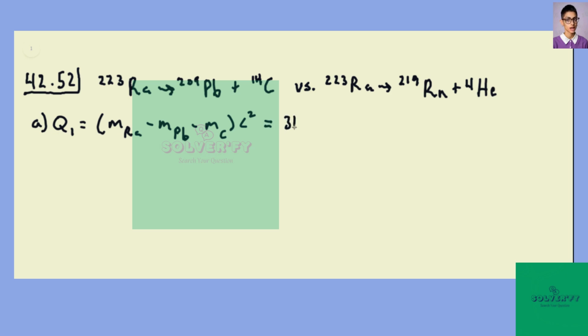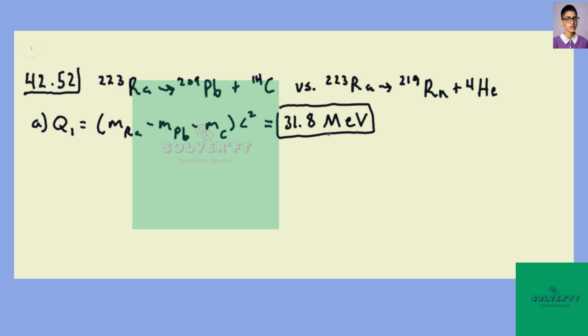And so this is 31.8 mega electron volts. So it turns out this is actually energetically possible because it will release energy when it happens. So this can happen spontaneously.